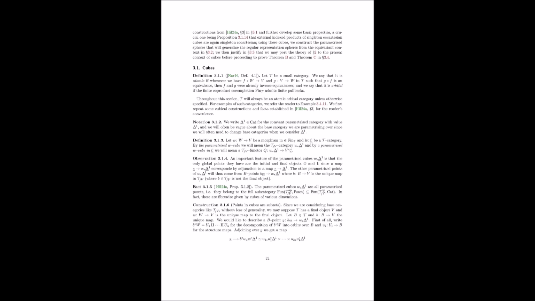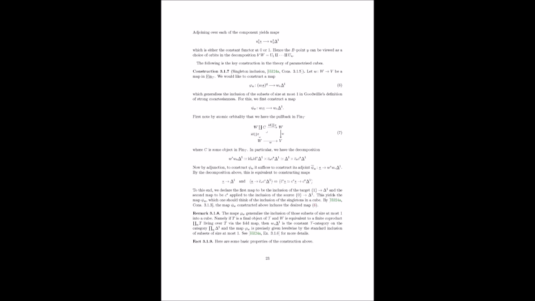It generalizes the idea of including subsets of size at most 1 in an ordinary cube. So remember, in Goodwillie's calculus, strong co-Cartesianness involves considering squares where the value at the top right corner is determined by the values at the other three corners. Right. And so the singleton inclusion map captures this similar idea in this parameterized setting.